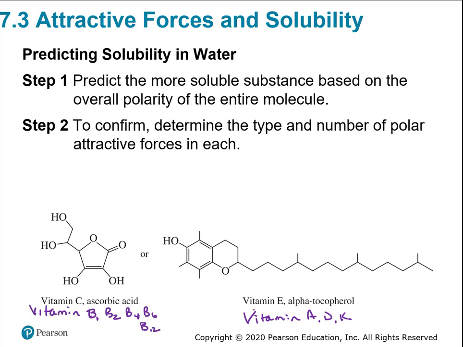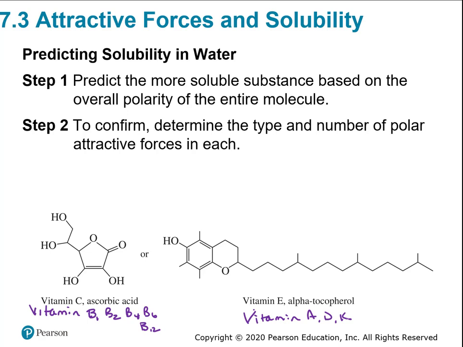So which one of these do you think is going to be polar or hydrophilic? Vitamin C or vitamin E? Which one is hydrophilic or polar? C is hydrophilic. So C, do you see all those oxygens? Remember, oxygen's electronegative, but then I see 1, 2, 3, 4 alcohol groups. I see 4 of those OHs hanging off.